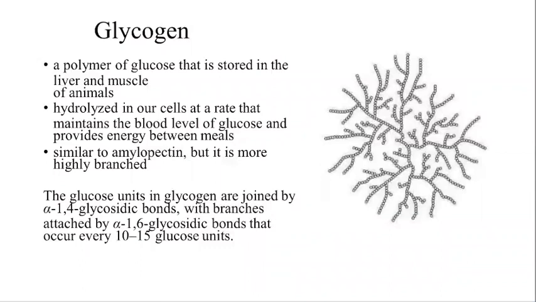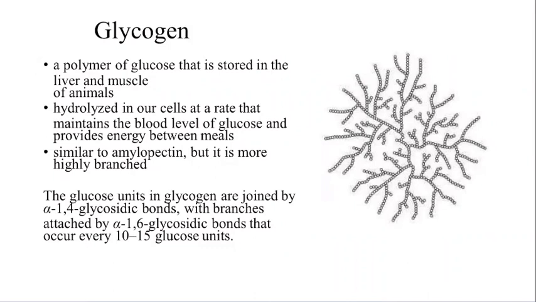Some people eat a lot of starch because they are trying to increase their glycogen storage, okay? Because they know that throughout the race, you need energy. So having glycogen storage a little bit on the high side, you are going to be able to conquer those 13.1 or 26.2 miles. But in general, again, we store sugar in the form of glycogen.